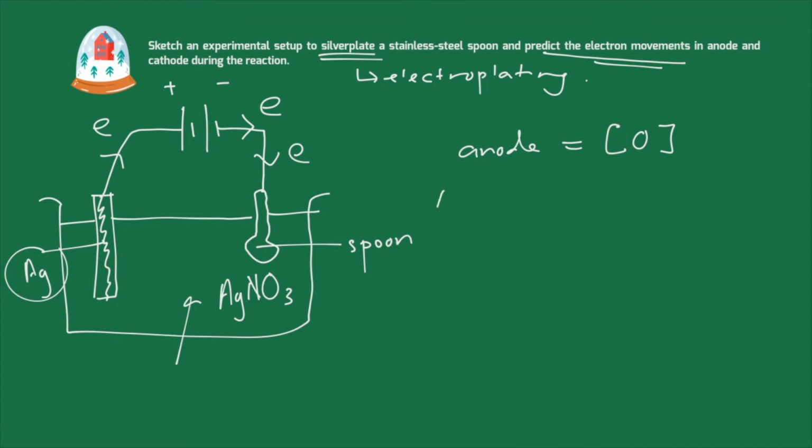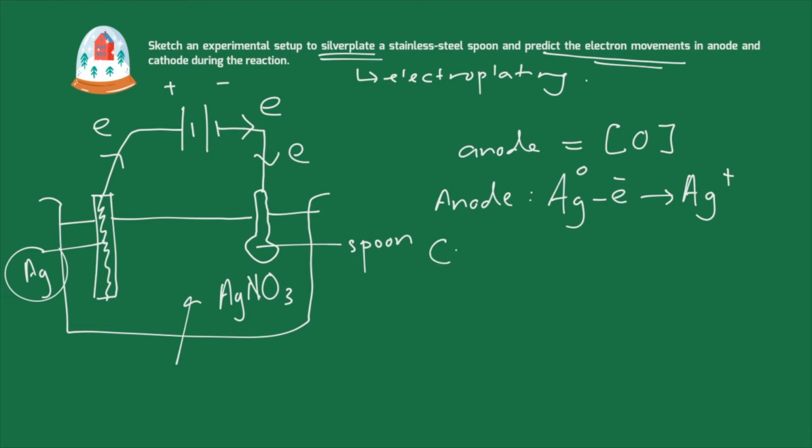So you need to write the half reaction for anode: you have silver, argentum, you donate electron, so you shall produce the argentum ion, means that this is the oxidation from 0 oxidation number to positive 1.